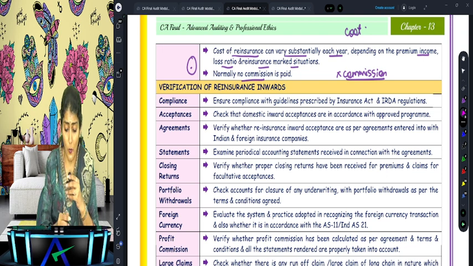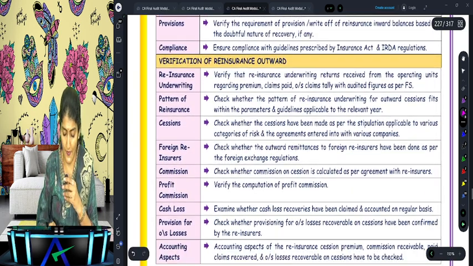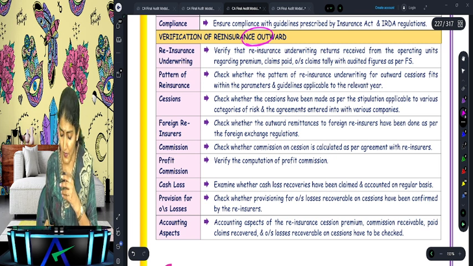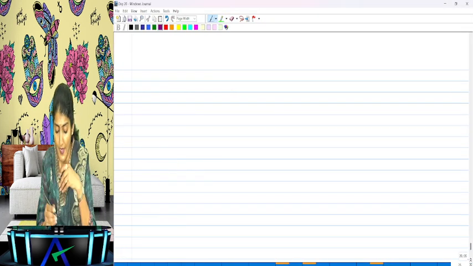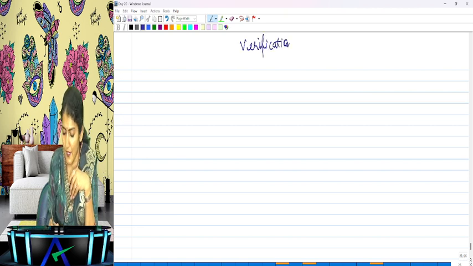Okay. And now we come to two questions over there: verification of reinsurance inward and the verification of the reinsurance outward. Now coming to the next 2 points of discussion, which is regarding the verification of the reinsurance inward and the verification of the reinsurance outward.